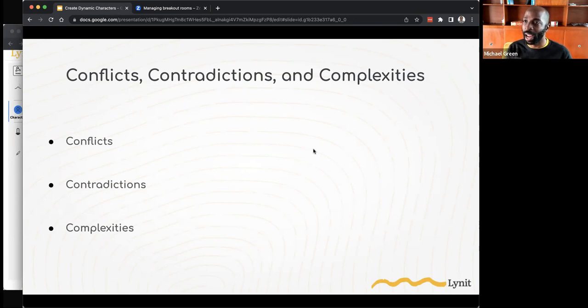So it adds a level where the things aren't contradicting, they're not conflicting with each other, but they have to be a bit more careful, mindful of how they're going to go about achieving their need because of this complexity, right? So the more you can add these into your characters, this is what gives them that realistic feel, where you're like, I know somebody like that, right?